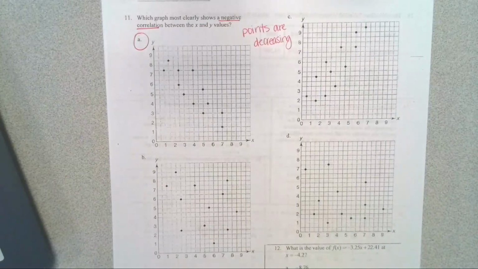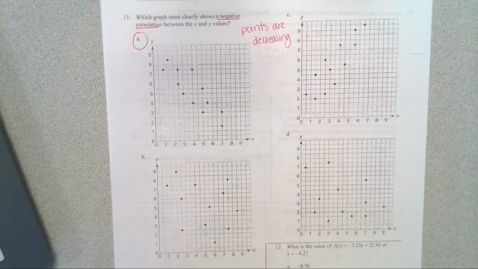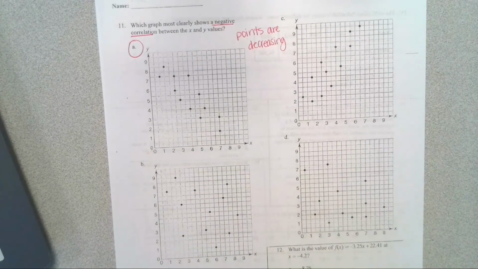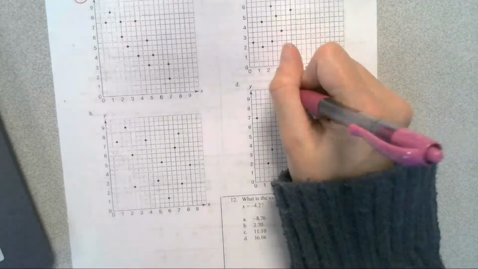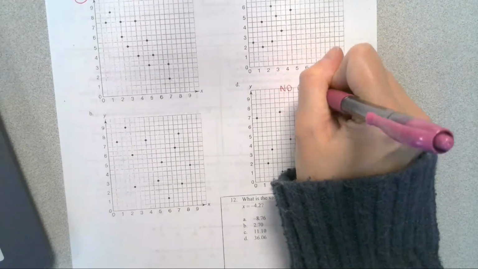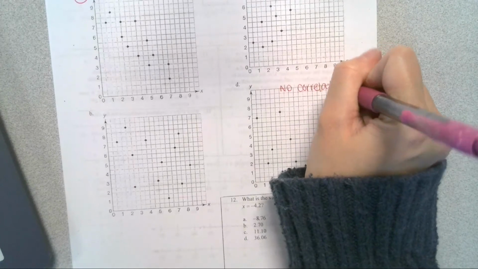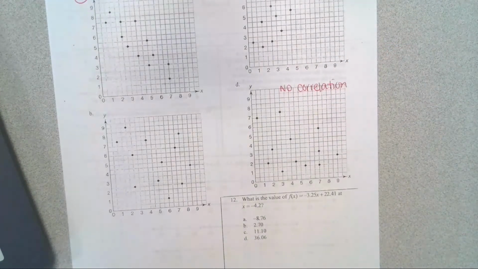What is it called when there's no pattern? No correlation. When it's really spread out, like in D, you would just say no correlation. And so the correlation coefficient for that one is going to be really close to what number? 0. Good job, guys.